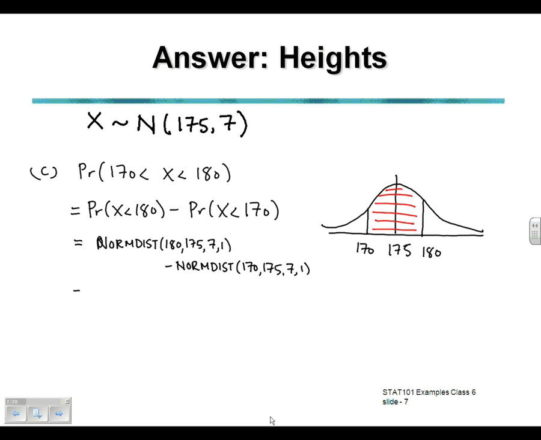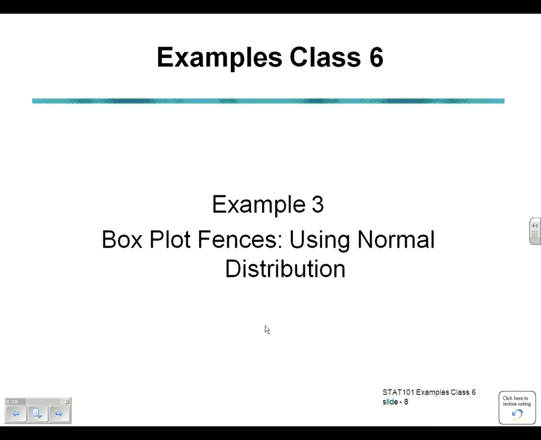Now the probabilities that we get, you can check these from Excel, are 0.76 for 180 minus 0.24 for 170, and that comes out to be 0.52. So that's our area shaded red between those two values. Check that you can get those from Excel. And that's the end of example 2.